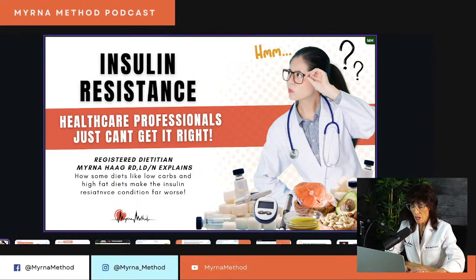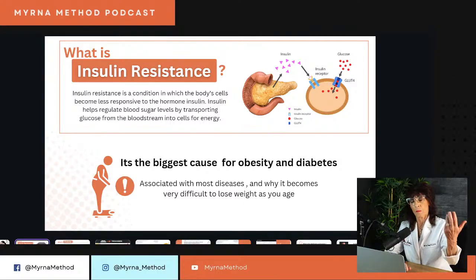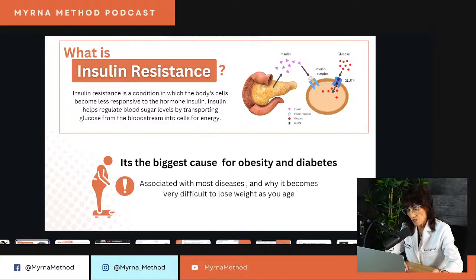All right, let's talk about insulin resistance, because I think most people might know what it means from a terminology standpoint, but not necessarily from the biochemistry standpoint. So let's talk about the terminology. What is insulin resistance? Insulin resistance is a condition in which the body cells become less responsive to the hormone insulin.